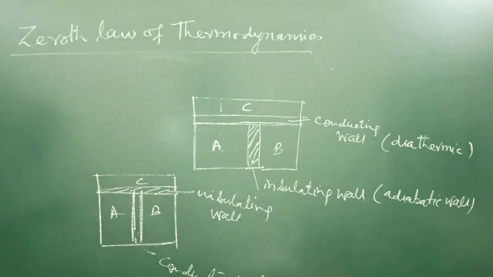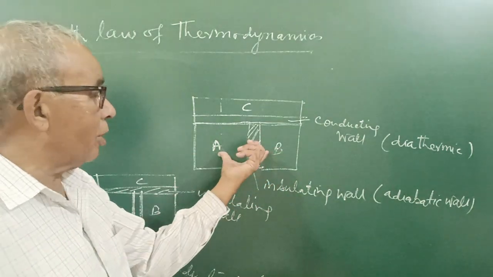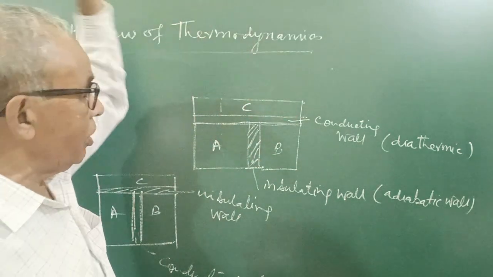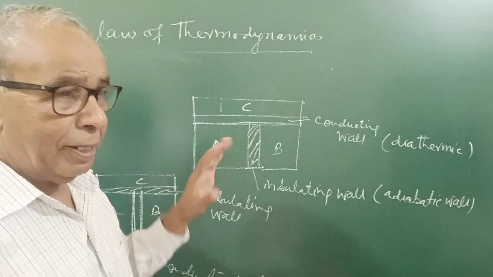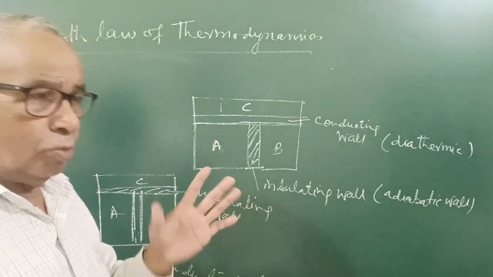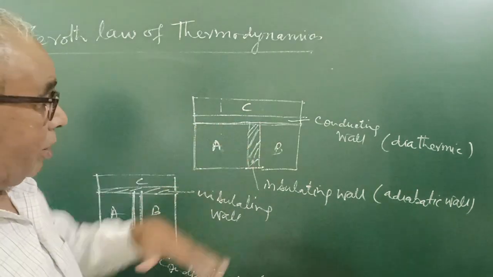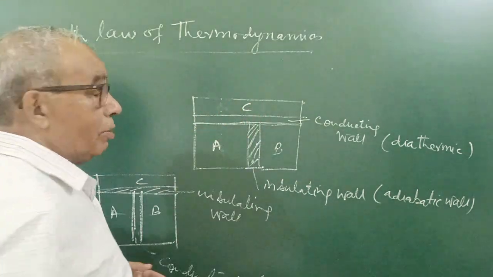First we place A and B together, separated by an insulating wall, but they are in contact with C. Initially the state variables of A and B, like temperature, pressure, and volume, may change, and then they stop.